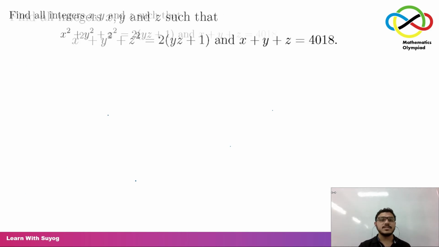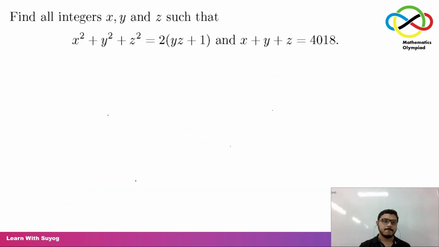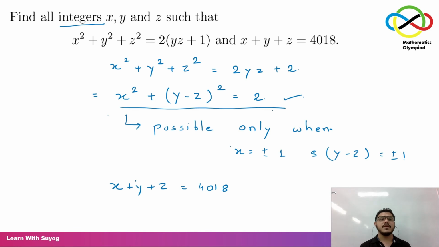So let's revisit what we have done till now. We were given the equations x square plus y square plus z square equals 2yz plus 2, and another equation was x plus y plus z equals 4018.